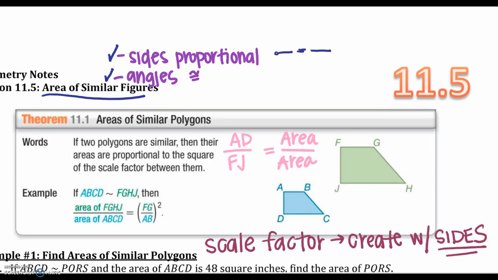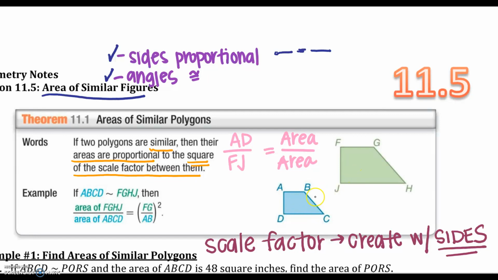So theorem 11.1: if two polygons are similar, then their areas are proportional to the square of the scale factor between them. So what does that mean?